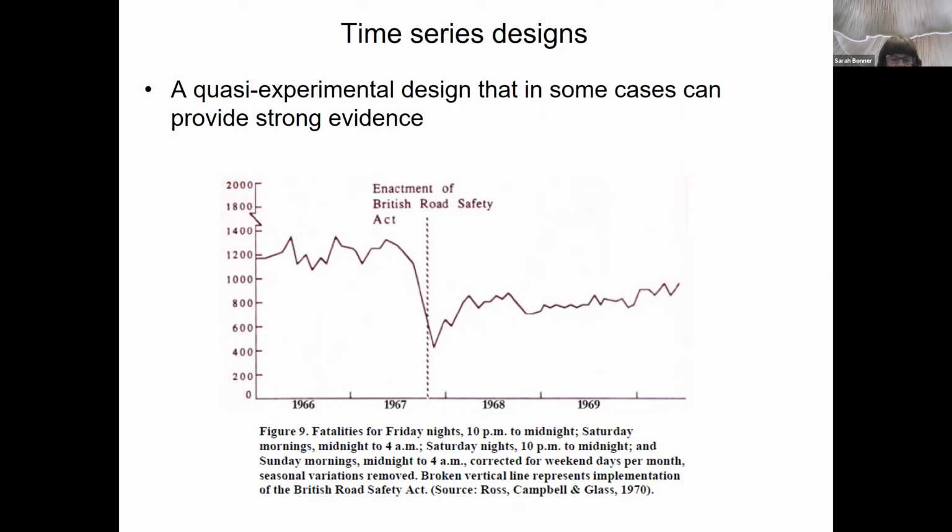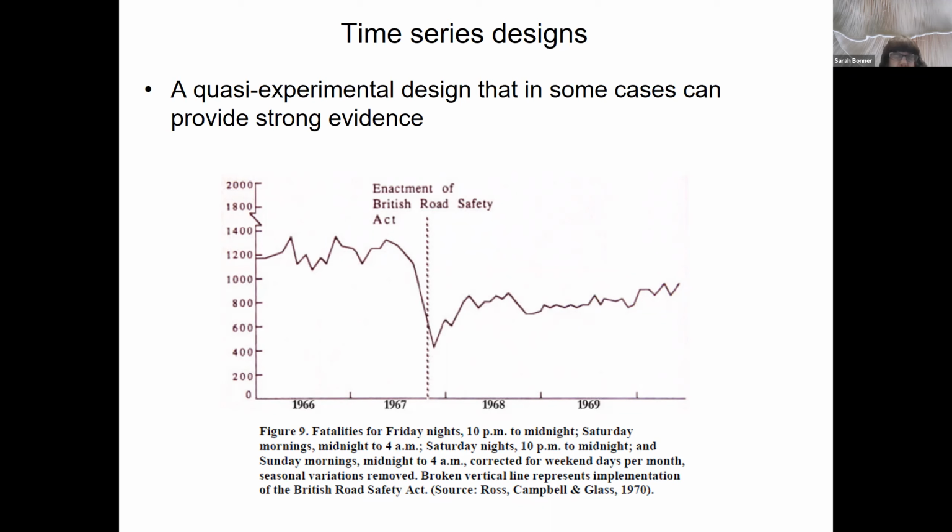And what you see is in 1967, a certain month, the British Road Safety Organization of some kind implemented an act that was intended to diminish traffic fatalities at night.